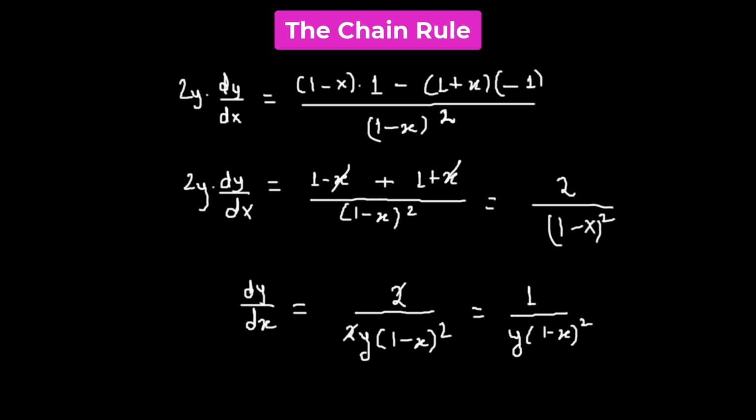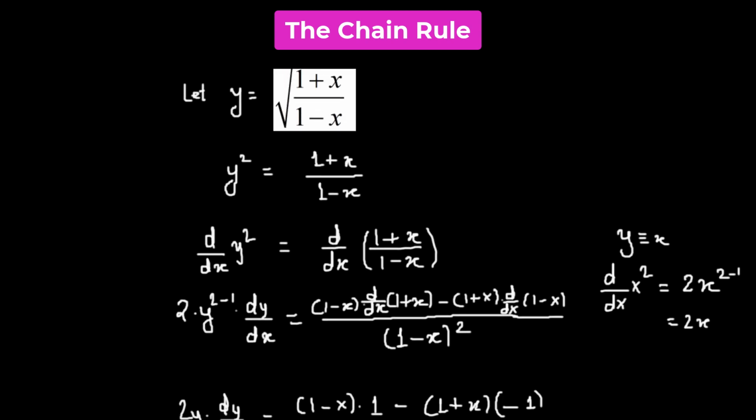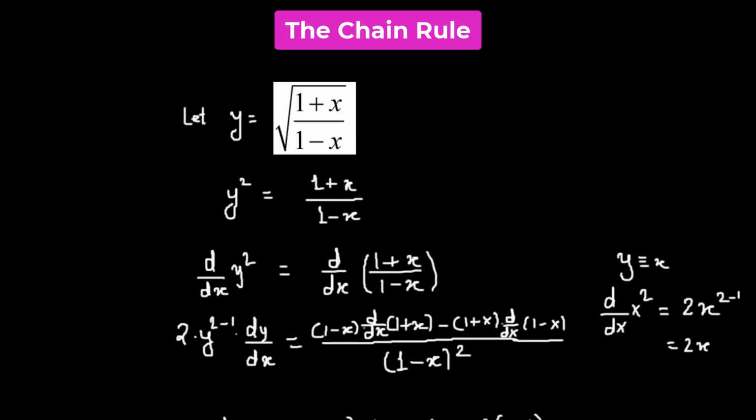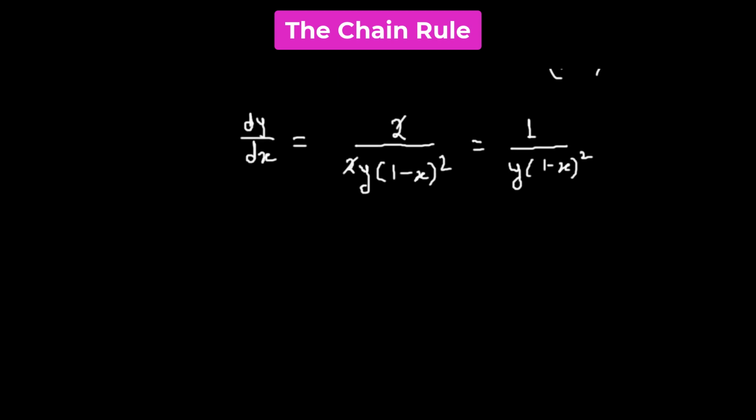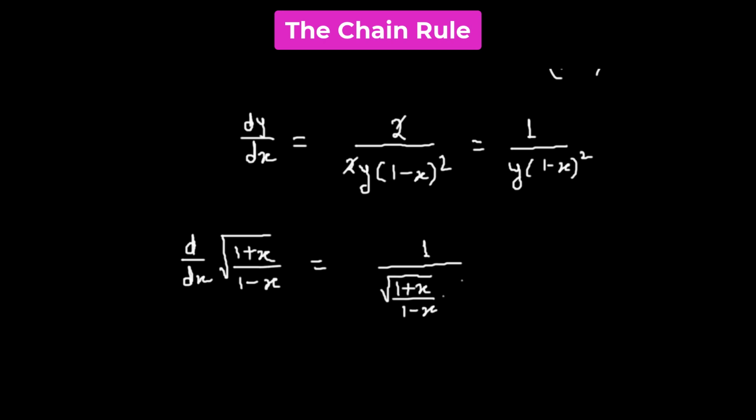Now we go back to our assumption. So we have assumed that y equals the square root of 1 plus x divided by 1 minus x. So what we have done is substituted for the value of y, which is 1 over the square root of 1 plus x over 1 minus x, multiplied by 1 minus x whole squared.